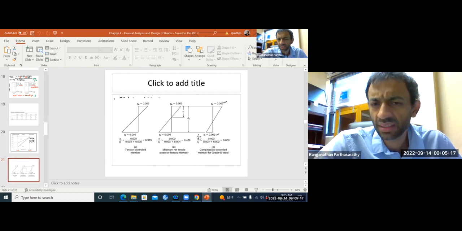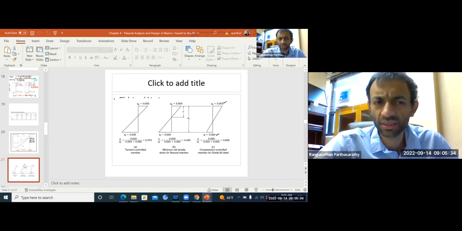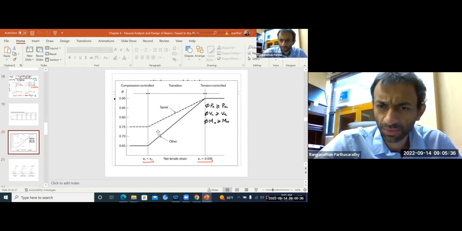Just like we did, c by d is 3 over 5. Now, see this one. This is c by d is 3 over 8. That's for tension control. This was the old code, but you can see this one, c by d is 3 over 8 for tension control. And that's how the strength reduction factor looks.